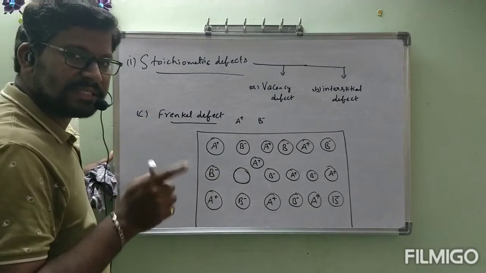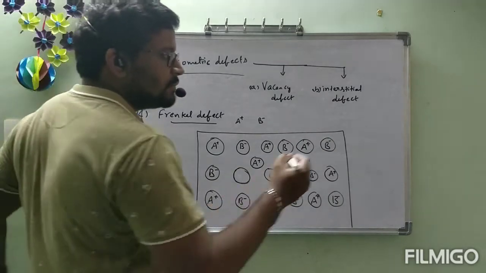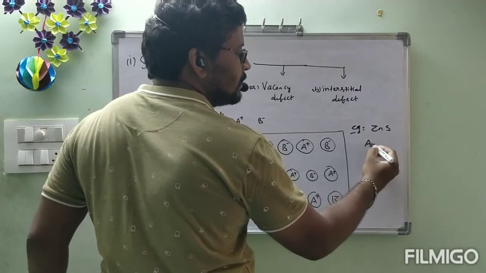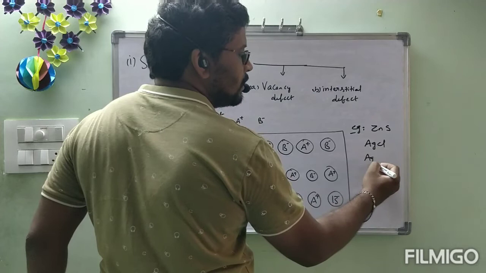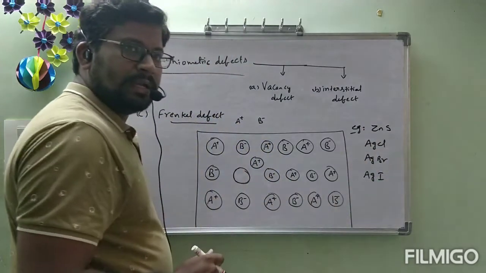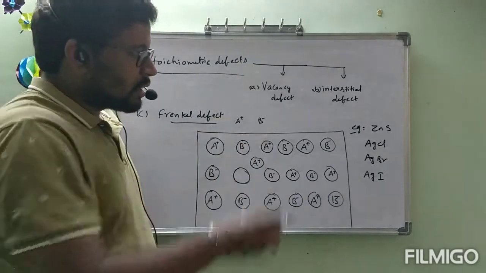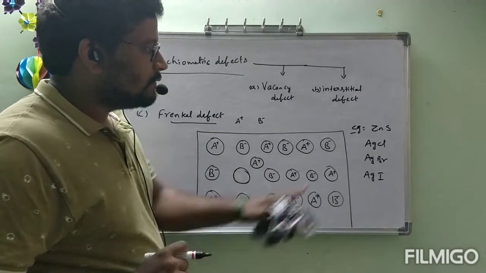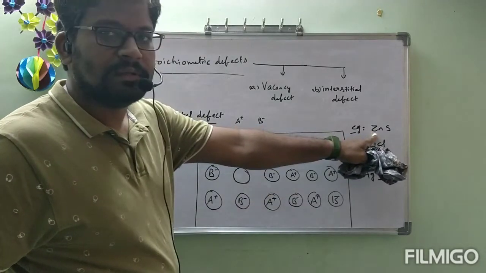This type of defect is generally observed in examples: ZnS, AgCl, AgBr, AgI. In these compounds we will observe this type of defect because of the very small cation.